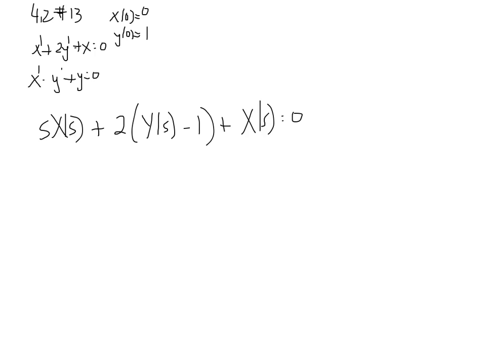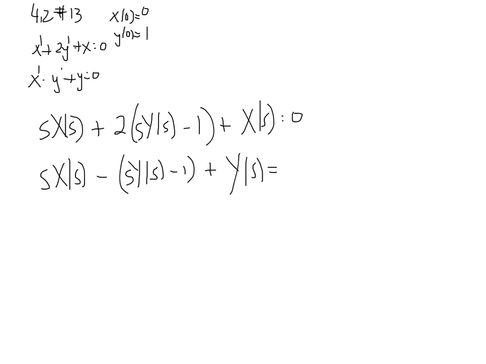And again, I do the same thing here. I get s x of s, minus y at s minus 1, plus, oops, I forgot an s there and there, because I'm taking transforms of derivatives, plus y at s, 0.